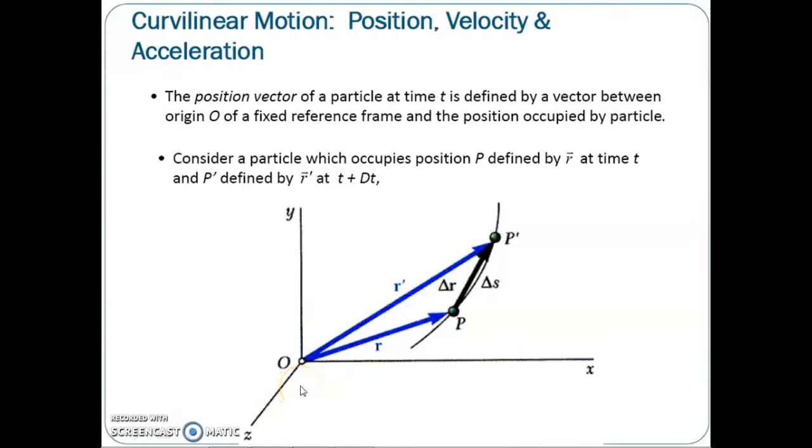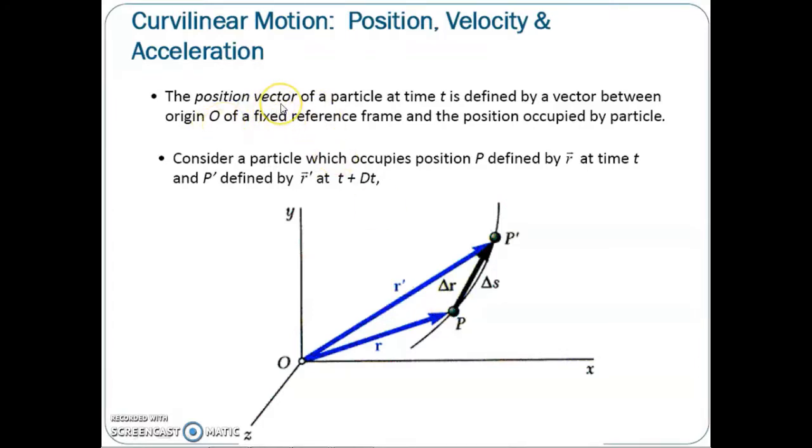We can then draw the vector r joining the origin O and P. The vector r is characterized by its magnitude r and its direction with respect to the reference axes. So this basically completely defines the position of a particle with respect to those axes. The vector r is referred to as the position vector of the particle at time t.